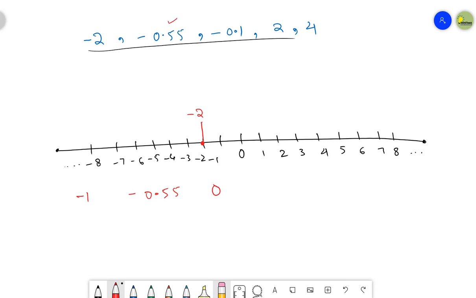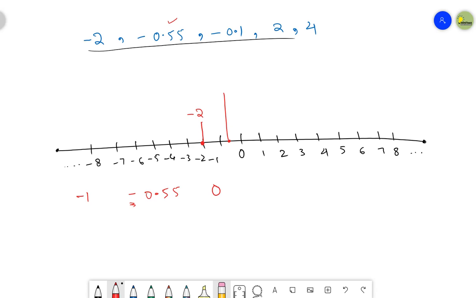Why? Because the value itself is smaller. 0.55 is a smaller value than 1, but since it has a negative sign, it will be considered bigger. When we have a negative sign, then the smaller becomes the bigger value. So minus 1 will be considered a smaller value than minus 0.55. So since it is somewhere in between the two values, we will plot it over here.